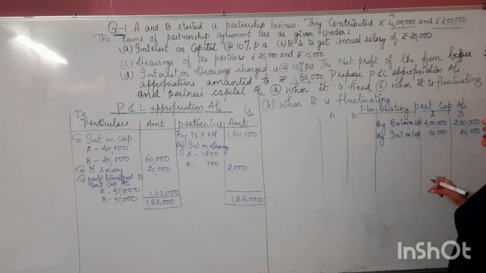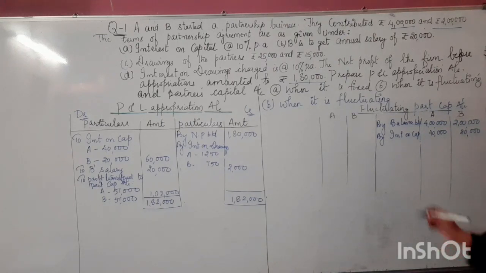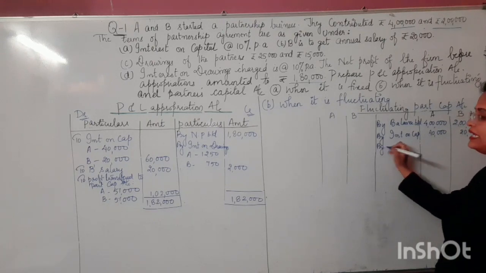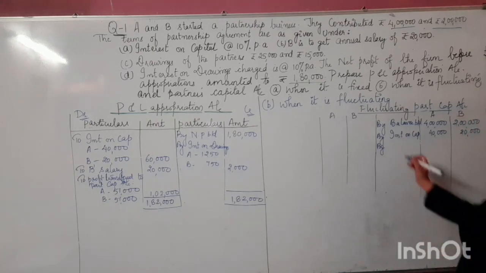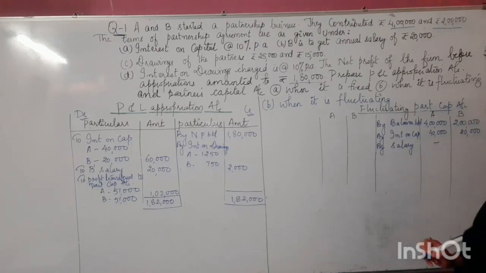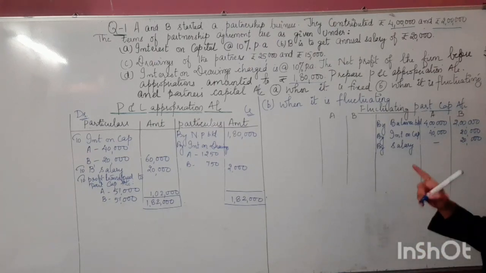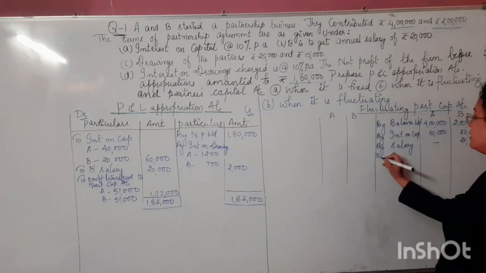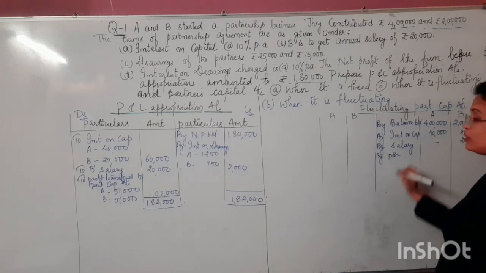Okay children, now the next here is what? Now see, B is entitled to salary. So let me write down salary in B's column. How much? That is 20,000. Okay, then the next thing is the profit has to be transferred. It's an income, so it should come on the credit side.